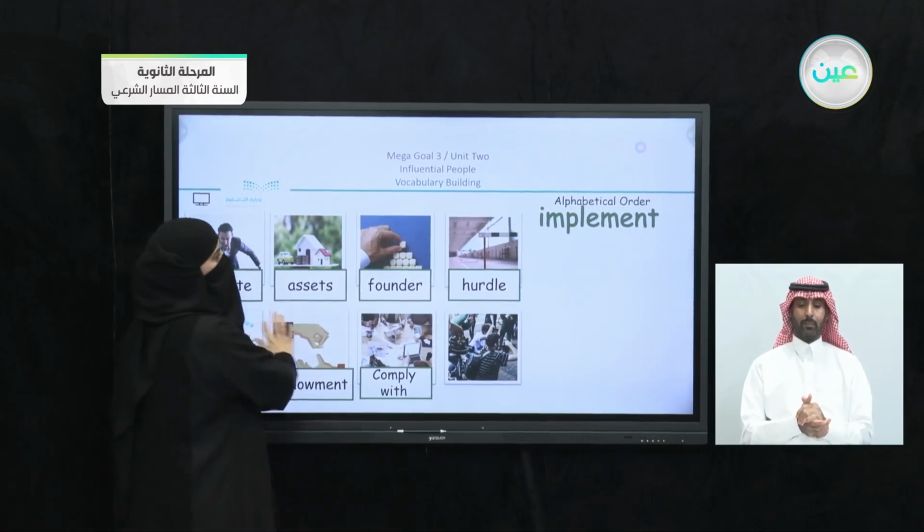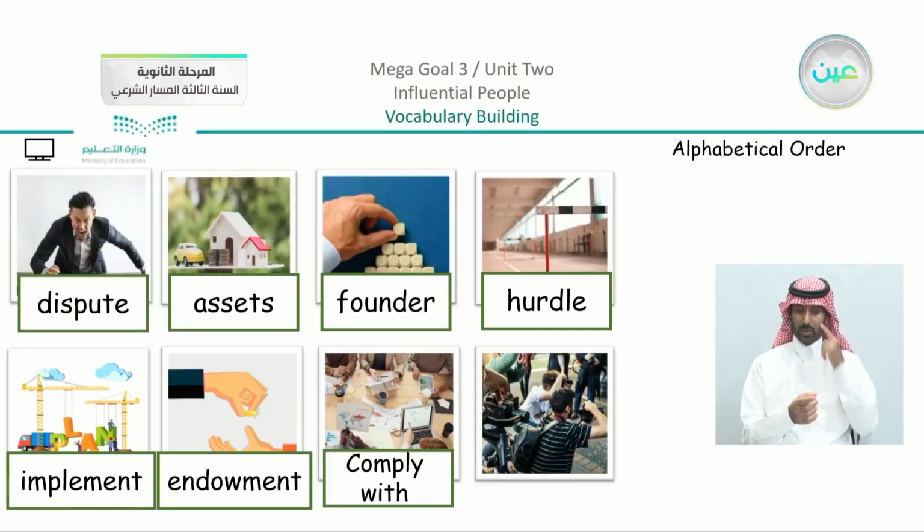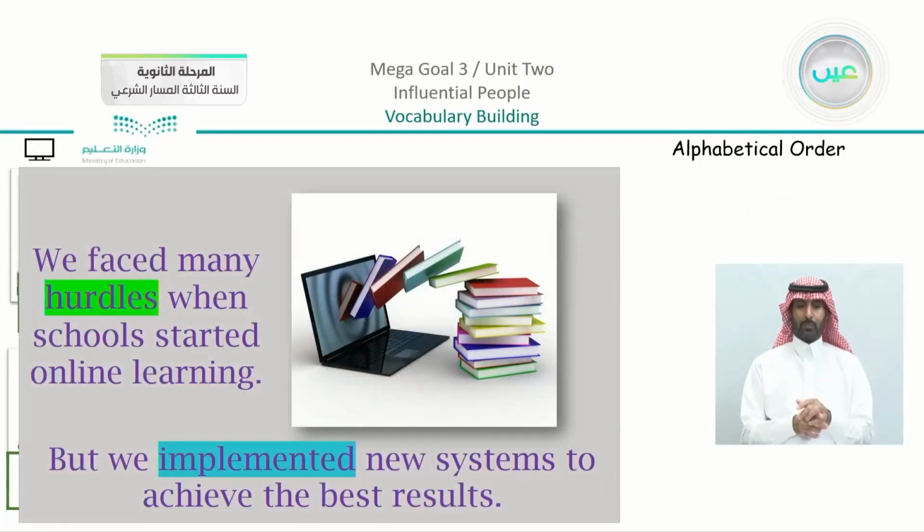So we have here implement goes, yes, with this picture. And we have our example. We faced many hurdles when schools started online learning, but we implemented new systems to achieve the best results.